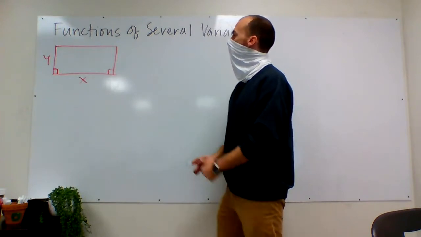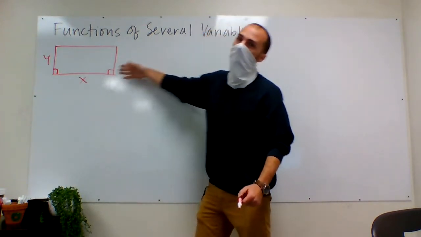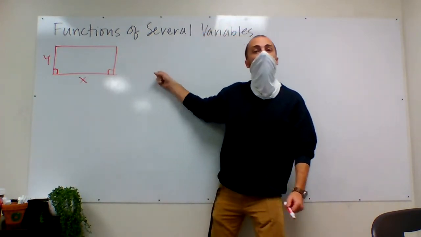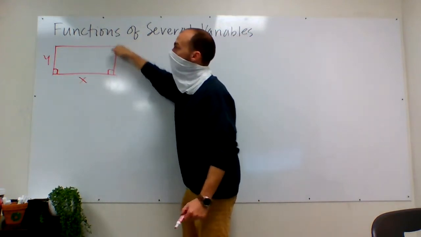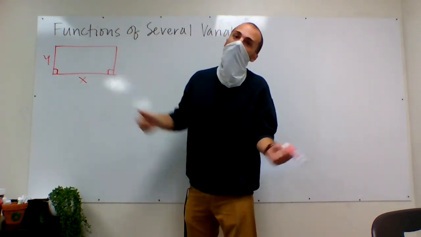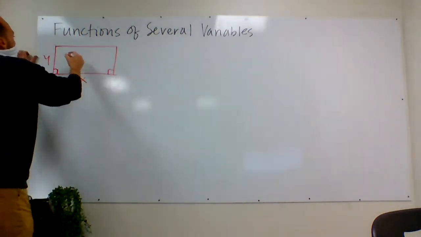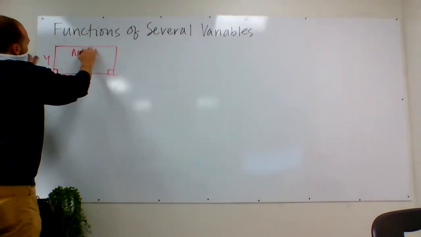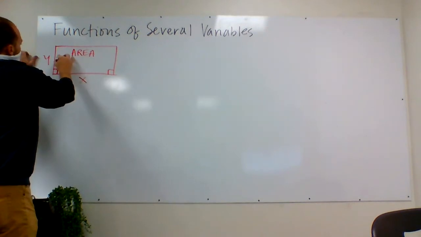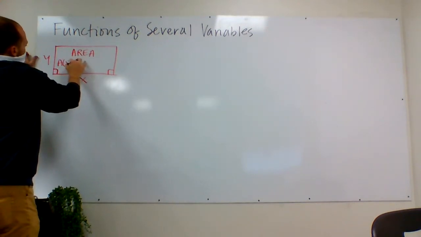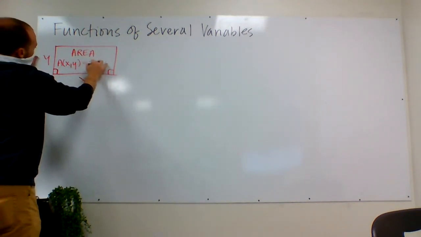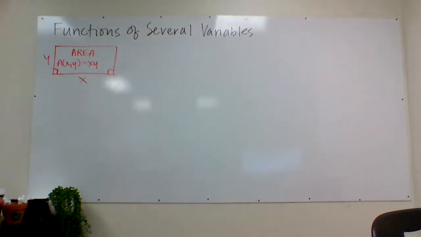I could pull this way and increase x and that would increase the area. I could also decrease y and that would decrease the area while holding x the same. So I can say that this area function, which depends on both x and y, is equal to x times y.